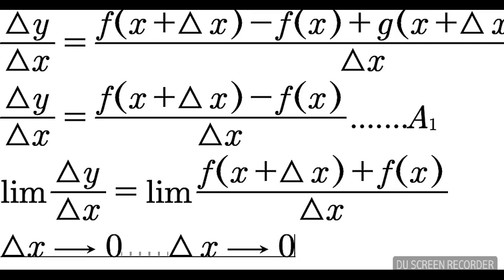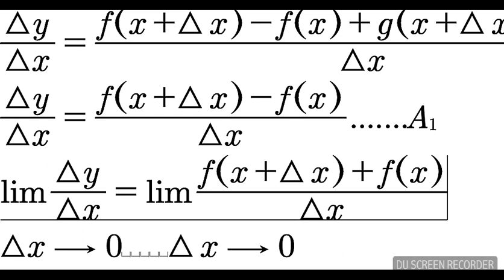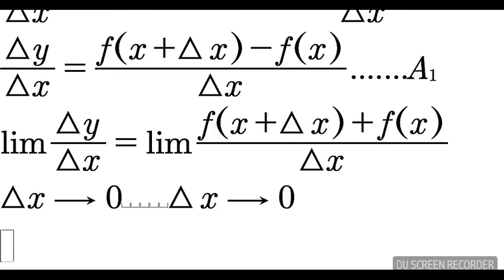Given this, we have the limit of delta y over delta x as delta x tends to 0, which is equal to the limit of f of x plus delta x minus f of x over delta x, as delta x tends to 0. This is the limit definition of the derivative.